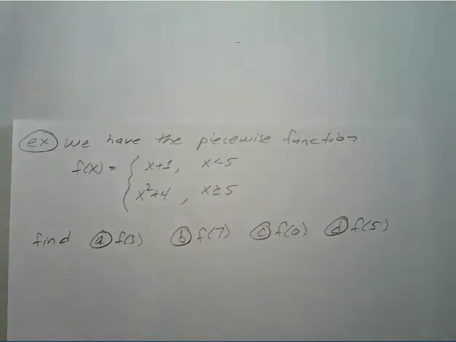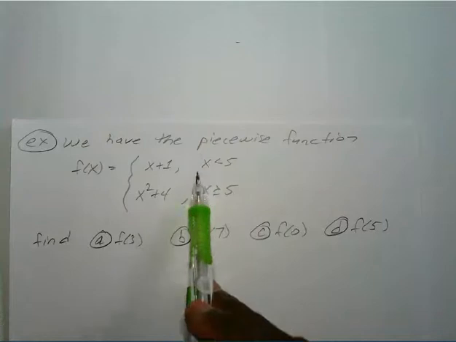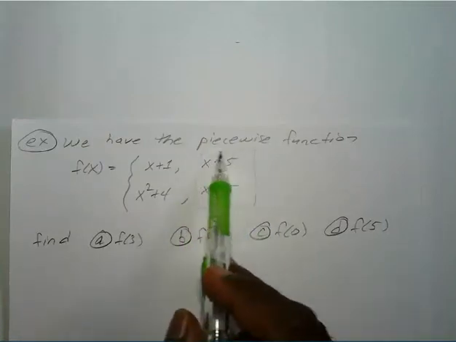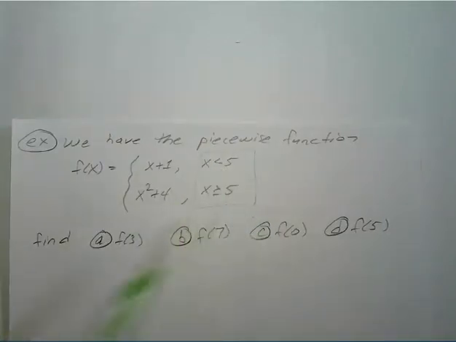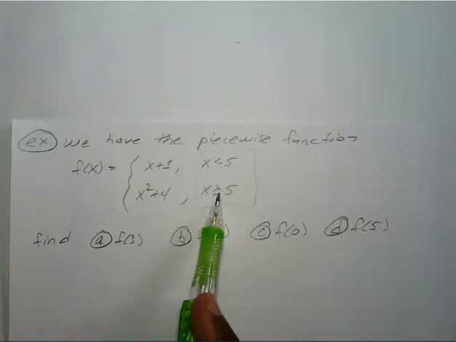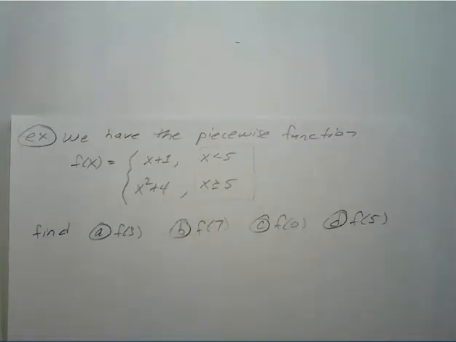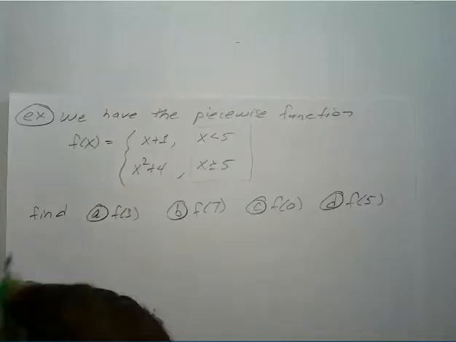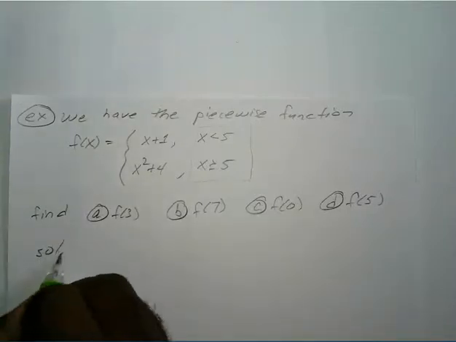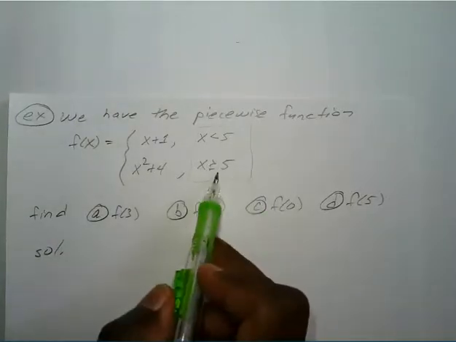Now when approaching a piecewise function, those little barriers, your 5, are the most important part, and I'll show you why. Those constraints are what you're going to graph.